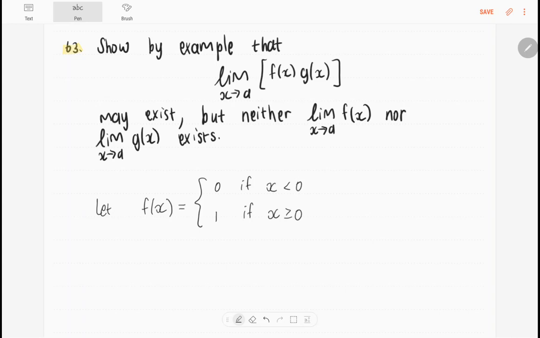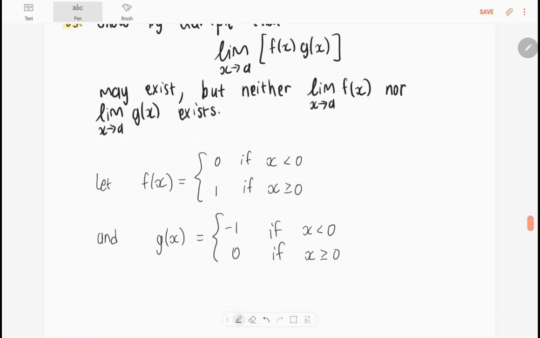And then g(x) is minus 1 if x is less than 0, and 0 if x is greater than or equal to 0.